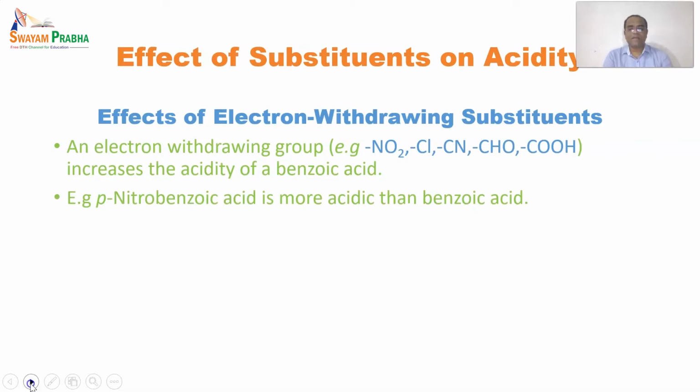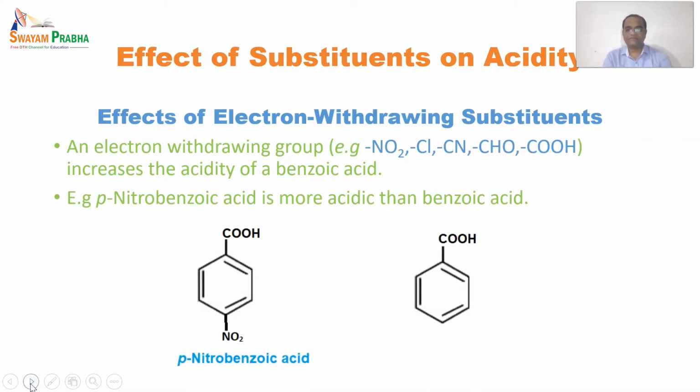For example, para-nitrobenzoic acid is more acidic than benzoic acid. Benzoic acid here is the representative one, and there will be some substitution. This substitution will cause either an electron withdrawing effect or an electron donating effect. Whenever it is an electron withdrawing substituent, the acidity of the compound will increase compared to benzoic acid.